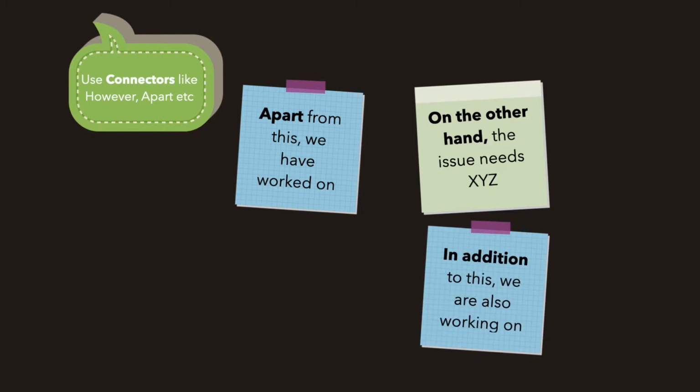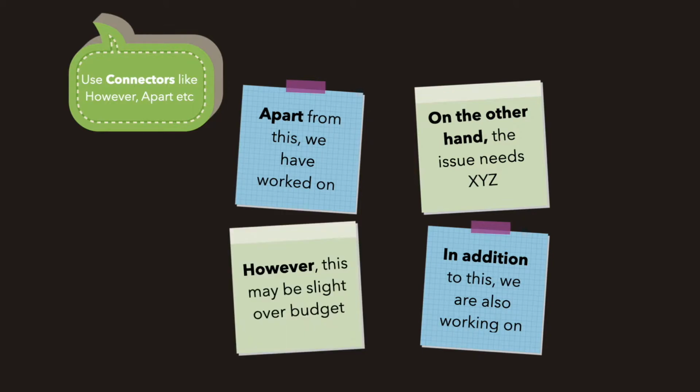In addition to this, we are also working on. However, this may be slightly over budget. Generally, it is good to avoid connectors like furthermore, moreover, besides, meanwhile, and so in email writing. But remember one thing, if you can remove the connector and the sentence still makes sense, then avoid using it.